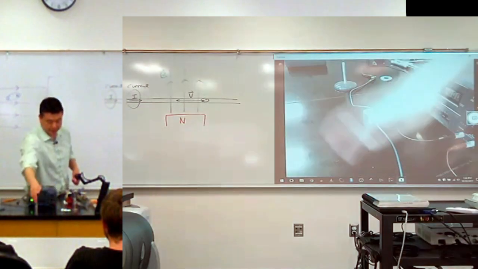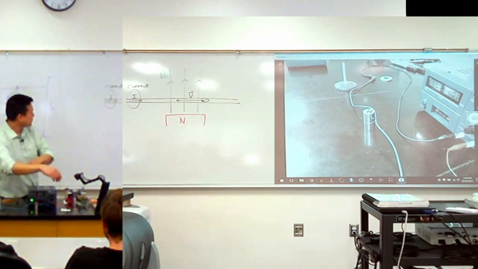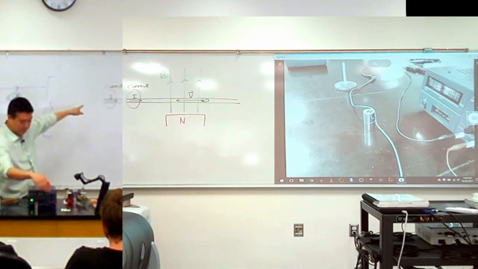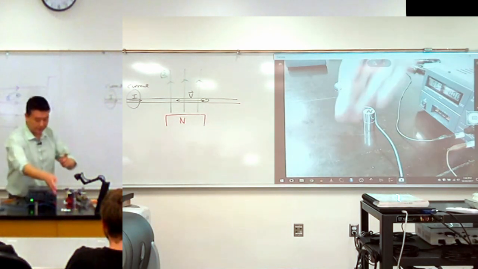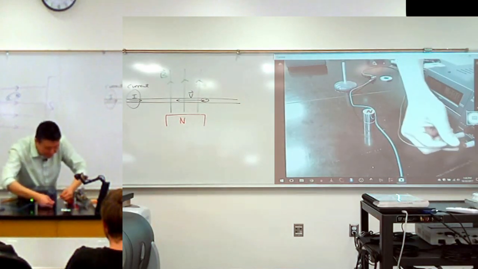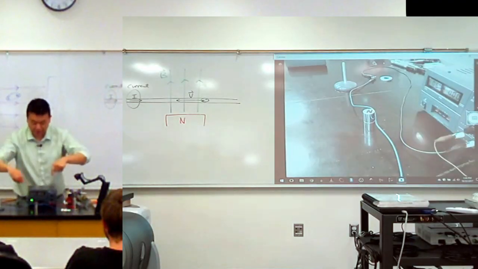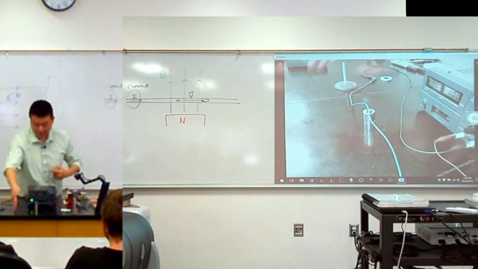So this is left to right. Wait, I need to flip it around. Let me arrange this so that, from the way you are looking at it, the current is flowing from left to right.